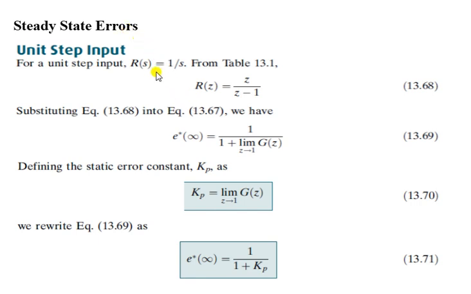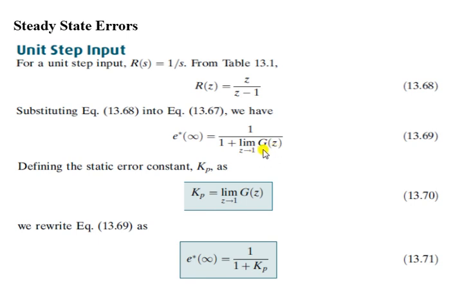Say we have input R(s) equal to 1 upon S. If you need to convert this into the Z domain, you will write R(z) equal to Z upon Z minus 1, and this will be the formula for the steady state error, which is 1 upon 1 plus limit Z tends to 1 G(z). To define this limit Z tends to 1 G(z), you can use the Kp.